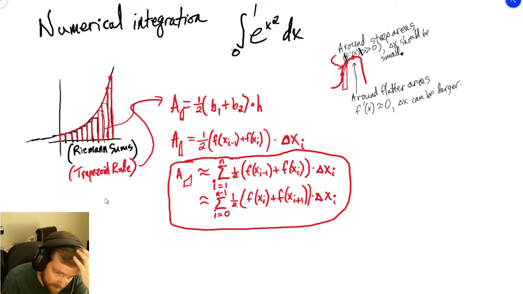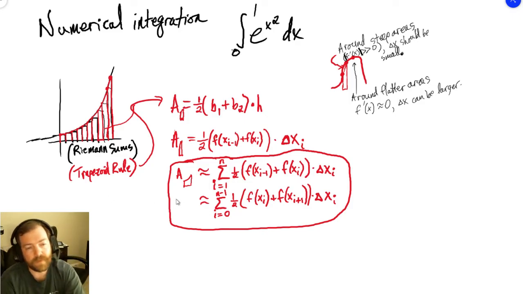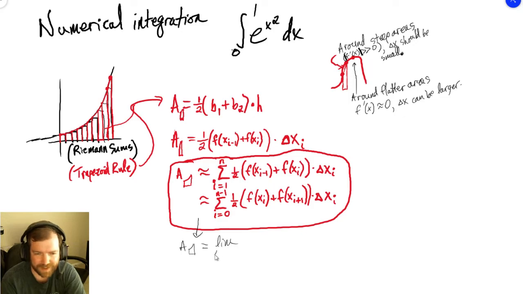Alright, so if we want the exact actual area under the curve, then all we have to do is the same as the Riemann sums. The area under this particular curve is going to be equal to the limit as n goes to infinity, delta x goes to 0, or n goes to infinity, however you want to say this.